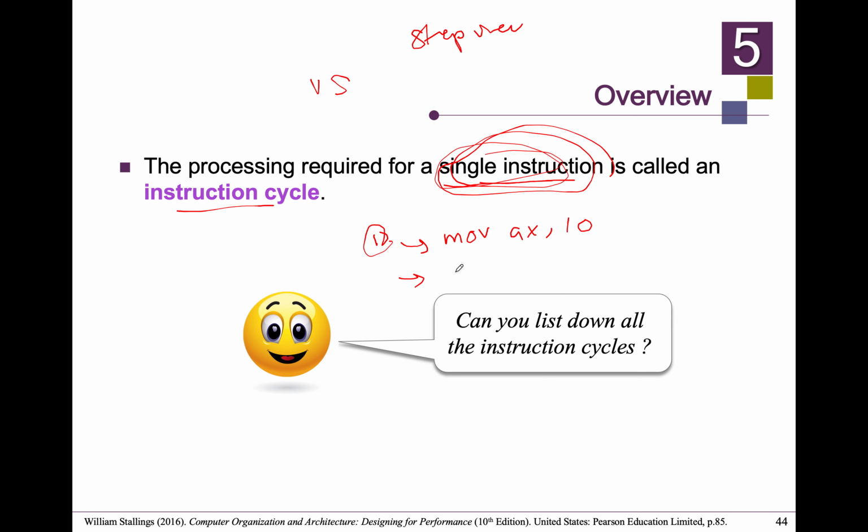This is one instruction, and maybe you have another, ADD EAX, 10 again. Let's say I just give you an example. So this is another single instruction. This is the meaning of single instruction. So over here you have two instructions, and it is called an instruction cycle for the process to finish this one single instruction.